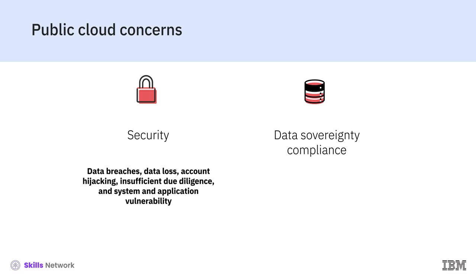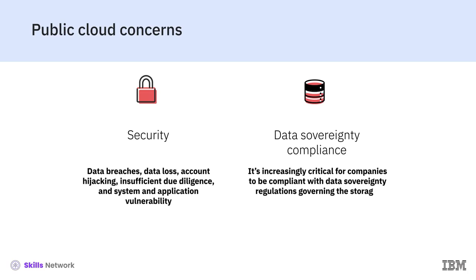With data being stored in different locations and accessed across national borders, it has also become increasingly critical for companies to be compliant with data sovereignty regulations governing the storage, transfer, and security of data. A service provider's ability to not just keep up with the regulations, but also the interpretation of these regulations is a concern shared by many businesses.